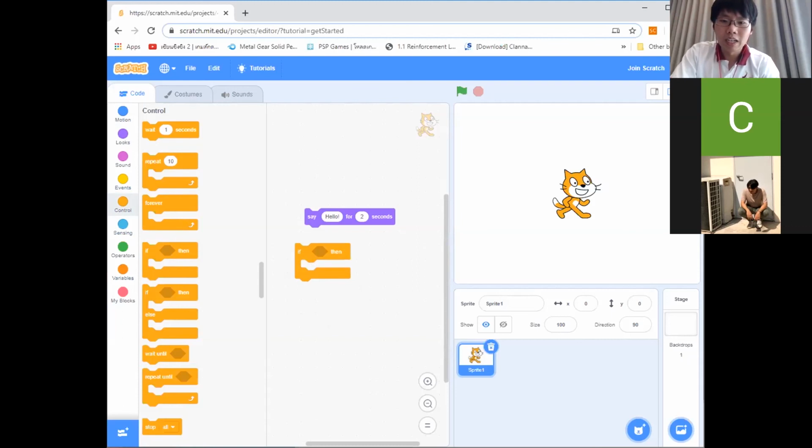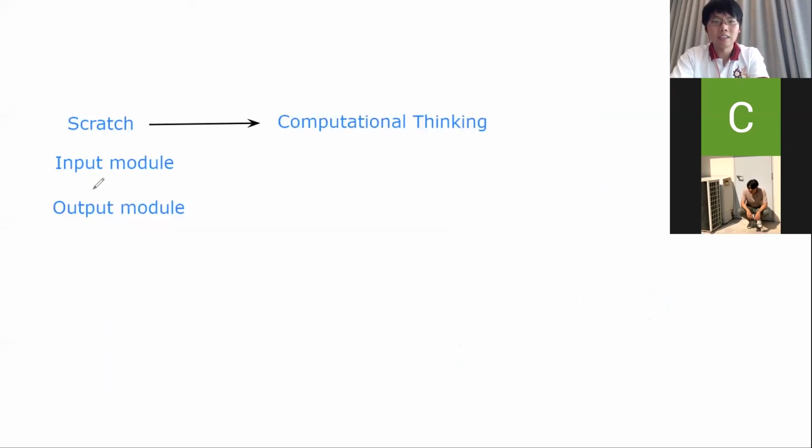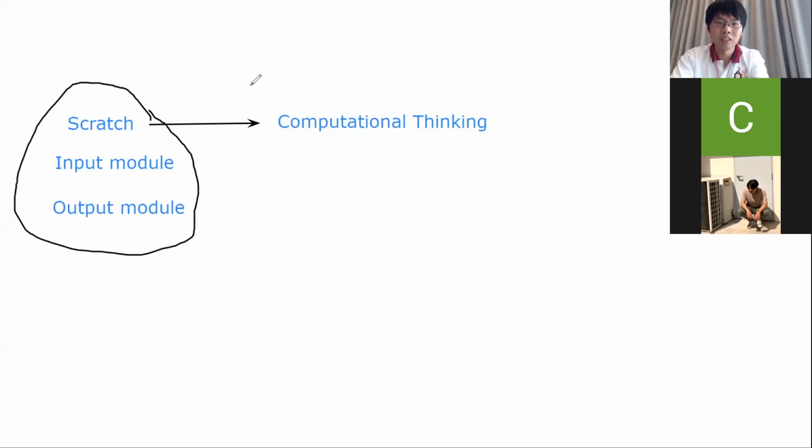Okay, but the idea is that C is not as easy to understand or interpret as Scratch. The good point about Scratch in general is that it's easy to understand, right? So it's user friendly.